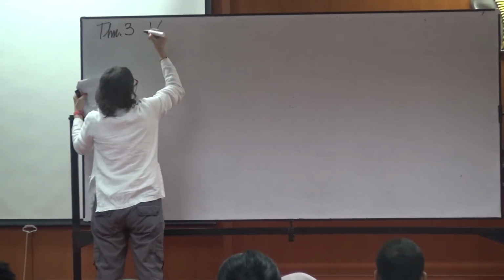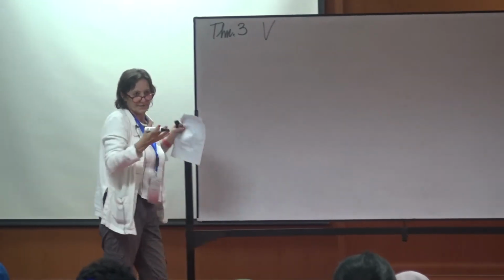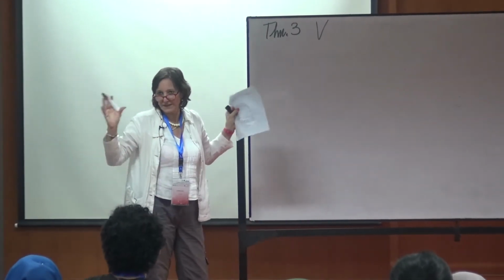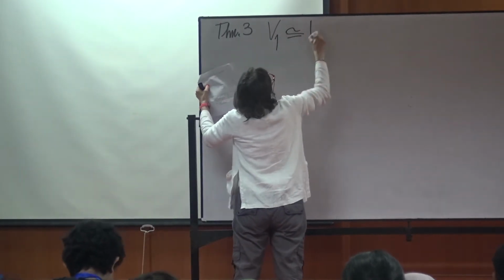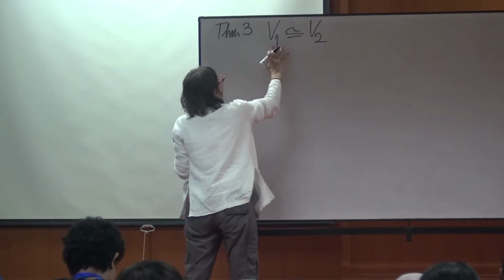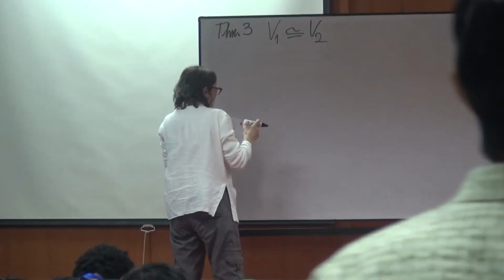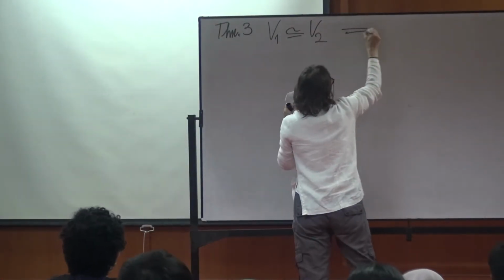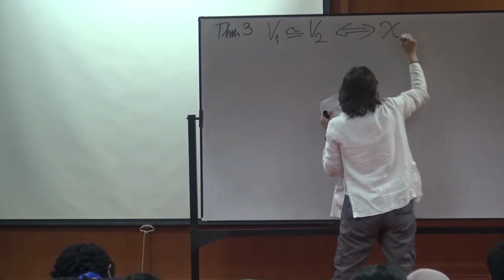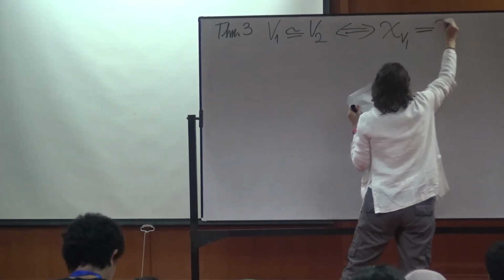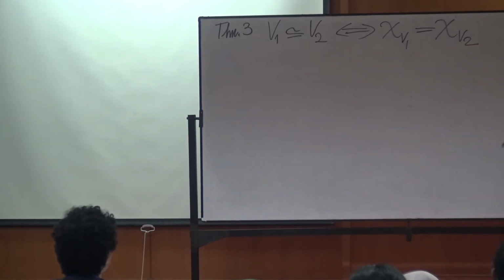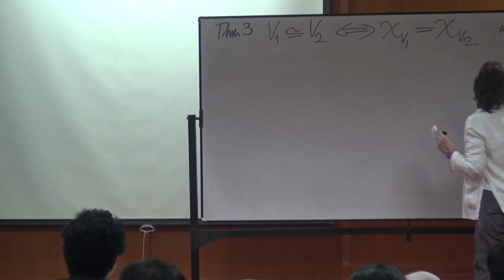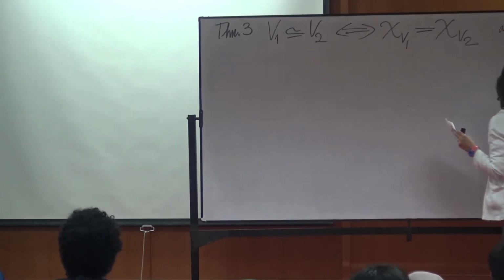G is the same finite group, fixed. V1 and V2 are isomorphic representations if and only if the respective characters are the same as functions on G.